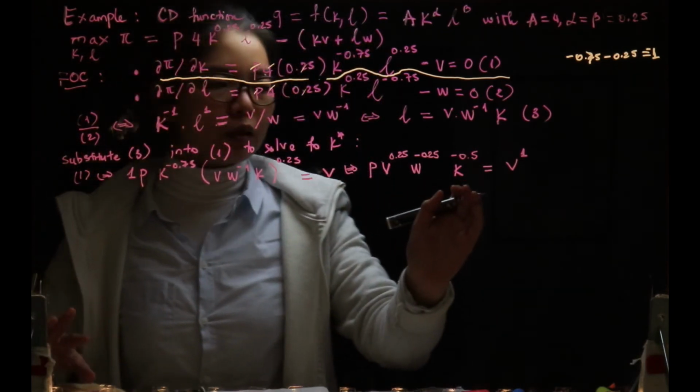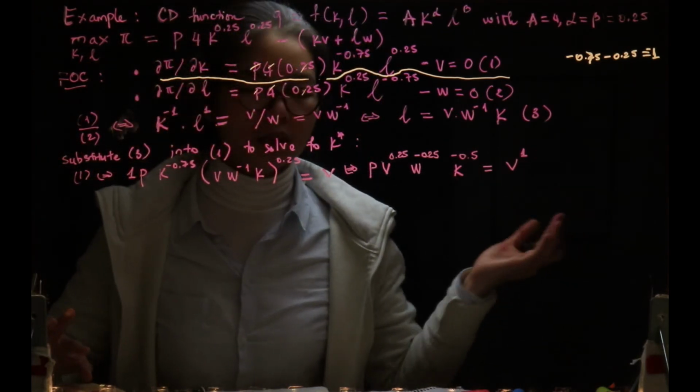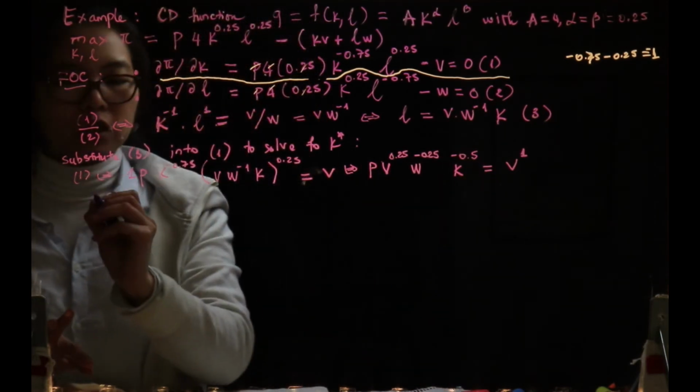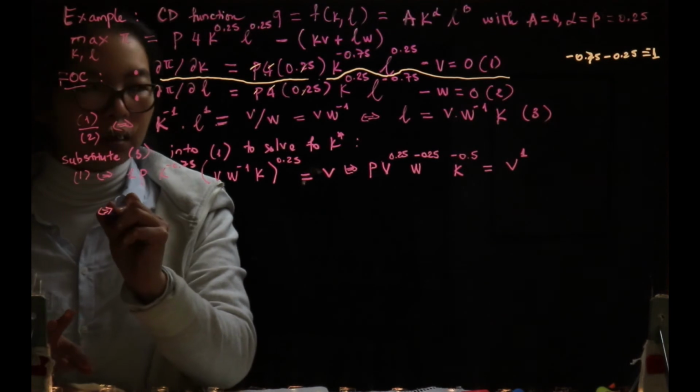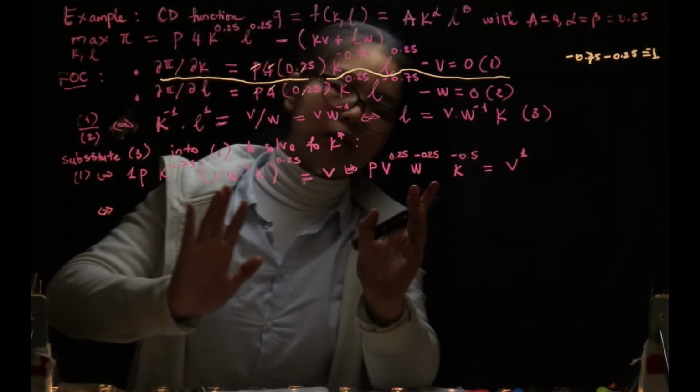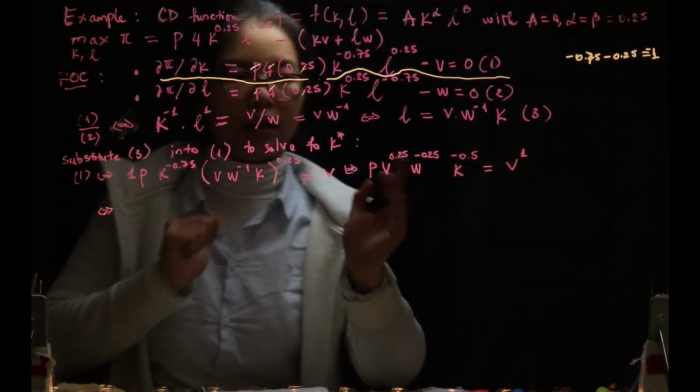Alright? What do we want? We want to solve for K. So first let's cross multiply everything out on the left hand side to the other side.